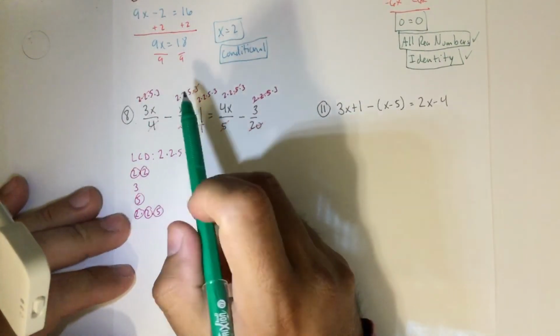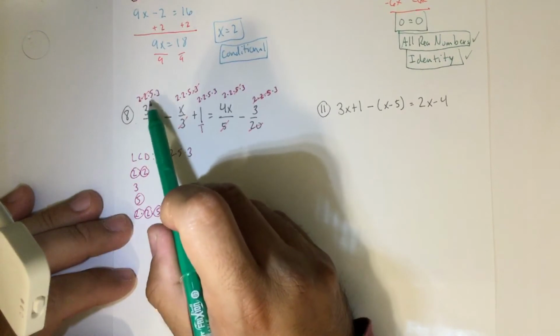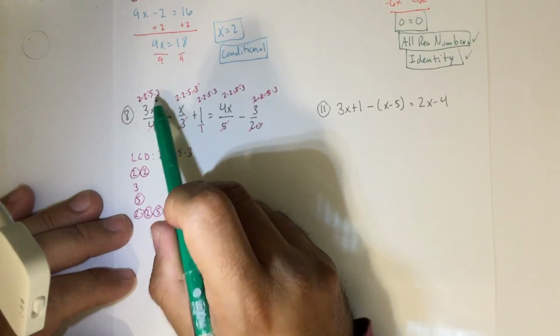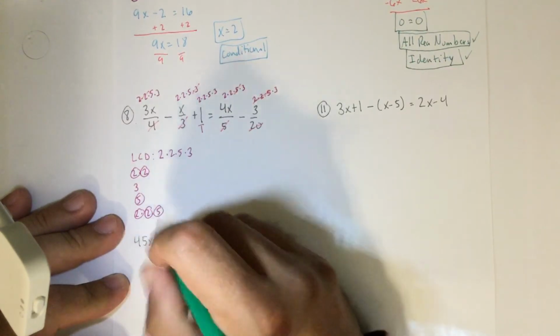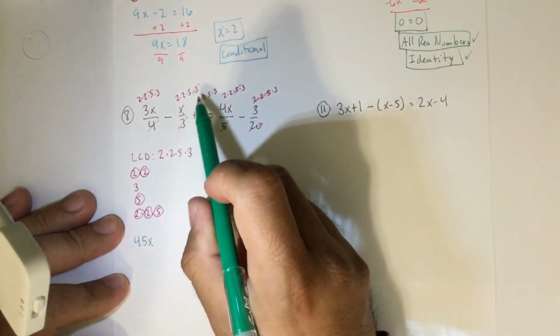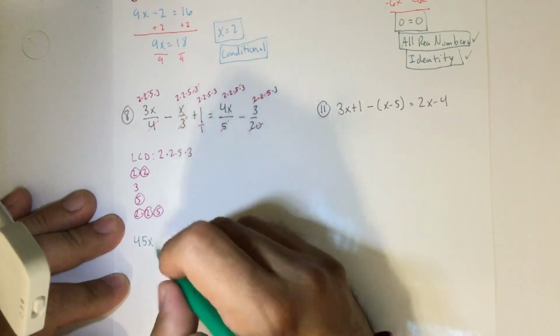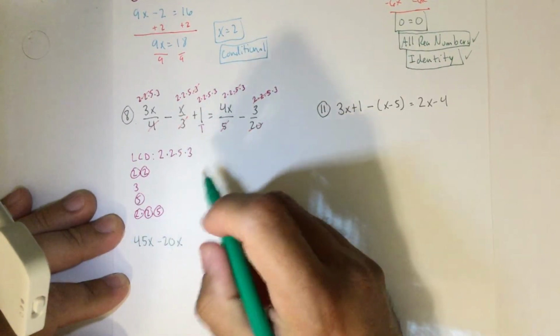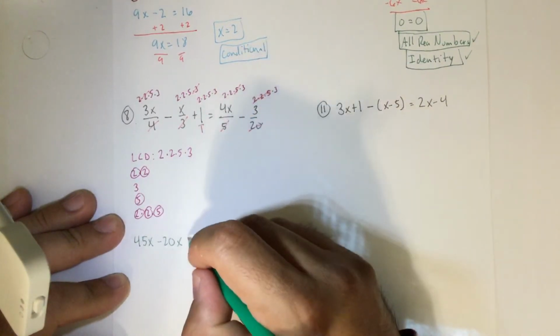So right here, we have 5 times 3 is 15. 15 times 3 is 45, so this one's going to be 45x. This one right here, we have 2 times 2 is 4, times 5 is 20x, so negative 20x. And then this one had nothing, so 20 times 3 is 60.